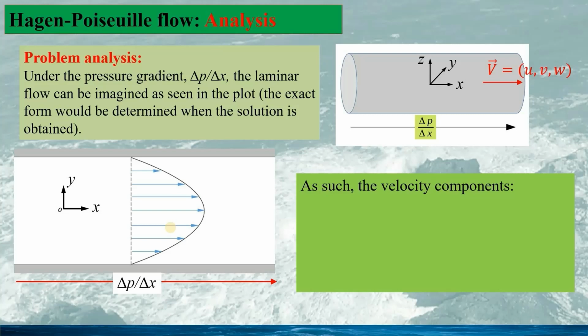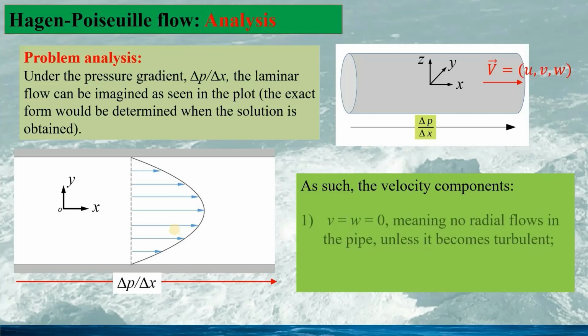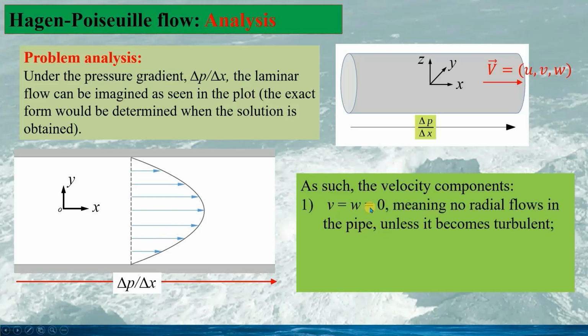As such, the velocity components v and w are both 0. That means the velocity in the y and z directions would be 0, meaning there is no radial flow in the pipe unless the flow becomes turbulent.